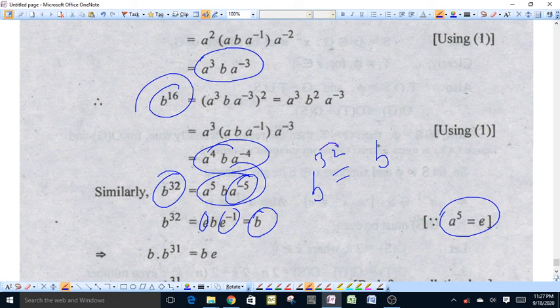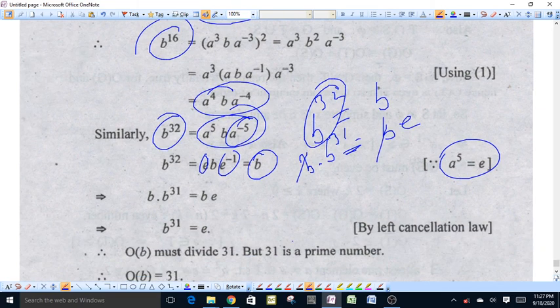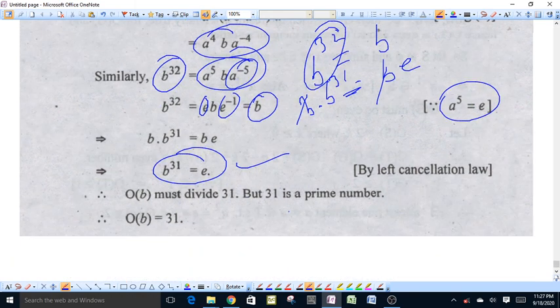This can be written as b dot b raised to power 31 is equal to b dot e. After using the left cancellation law, b raised to power 31 is equal to e. Therefore, the order of b is equal to 31.